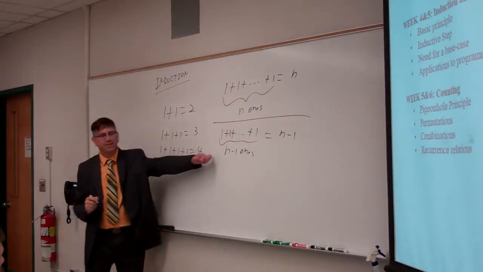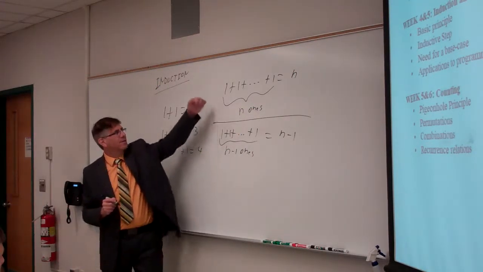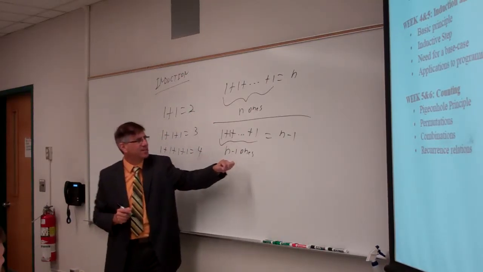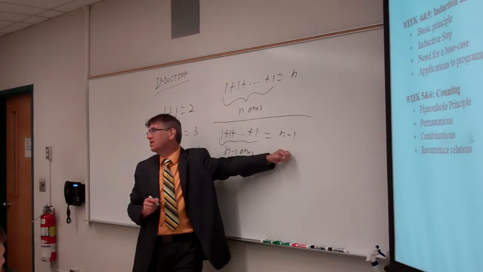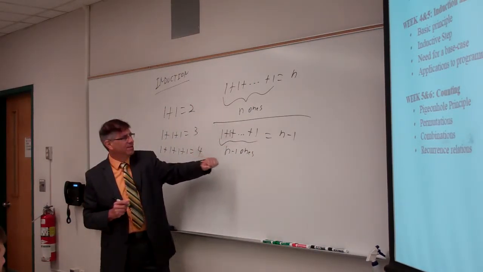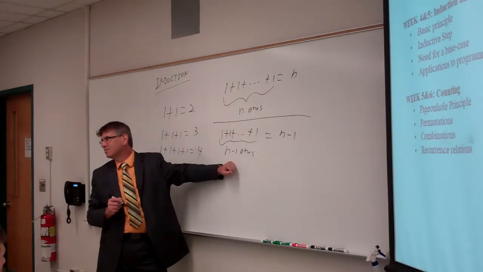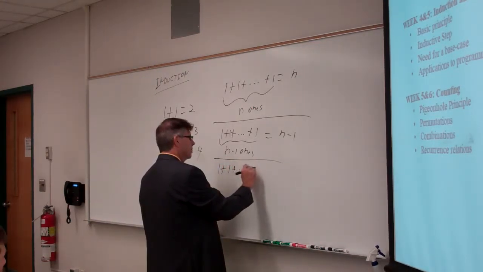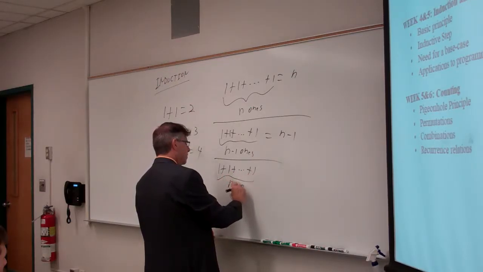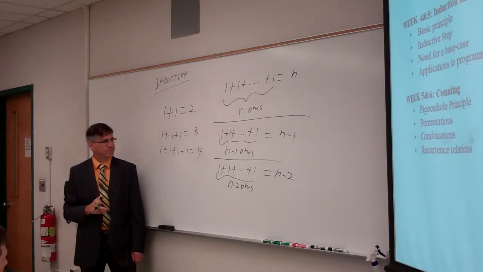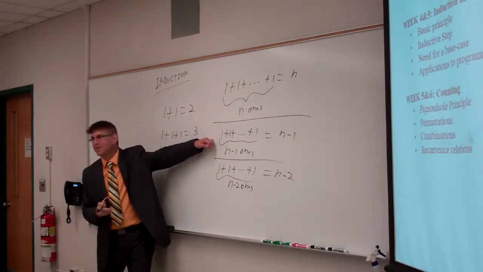If I can prove this, then I know this is true, because I can add 1 to this side, that gives me n ones. I can add 1 to this side, that gives me n. So if I know this, I can prove this. But I don't know this yet. But if I know this, I can prove this.